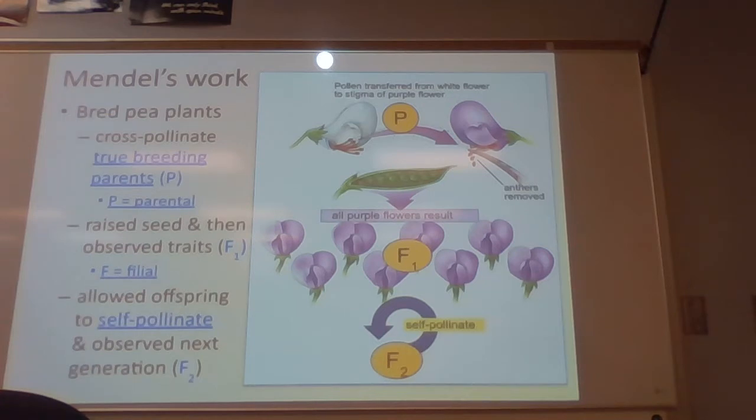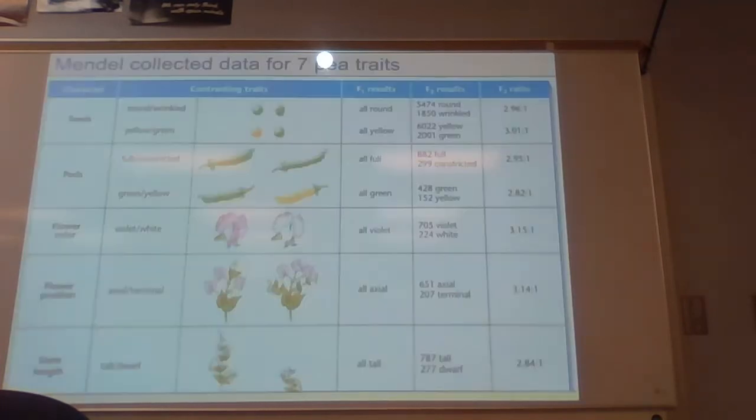We started with the parents, pollinated them through the F1 generation, let those self-pollinate, and analyze the F2 population. The F1 population is pretty easy to observe because they all have the same traits.